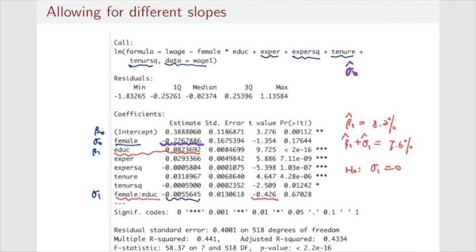By adding interaction terms, you reduce the observations for a specific group, and it often increases the standard error, making the coefficient less likely to be significant. But in this case, since the size is quite large, we still say there is a gender wage gap in terms of the intercept, because the coefficient is economically significant.